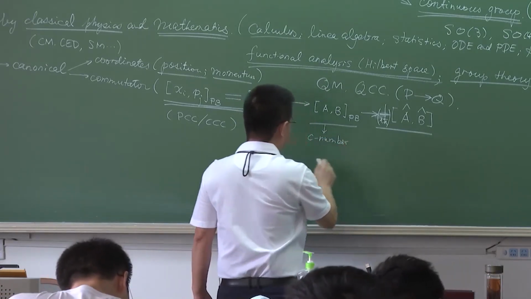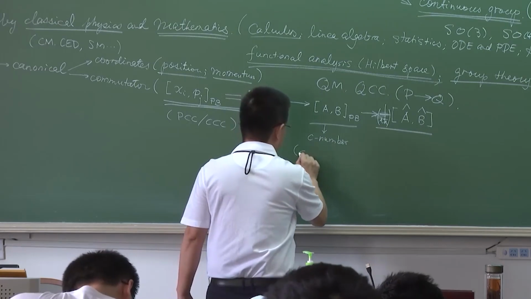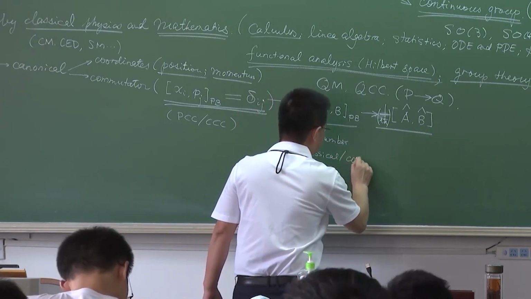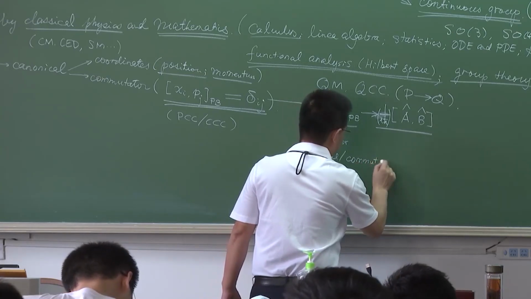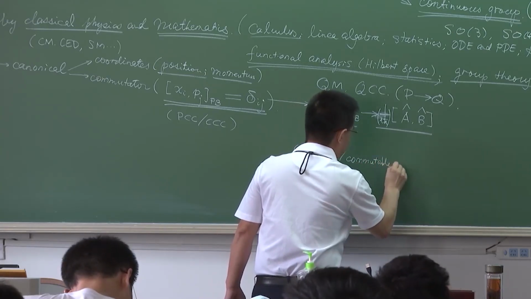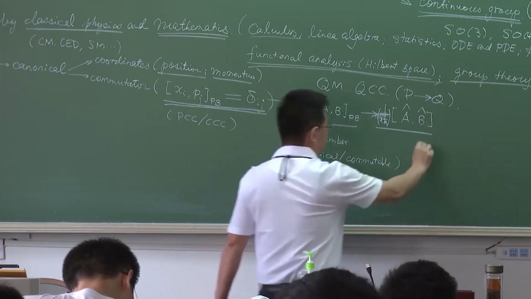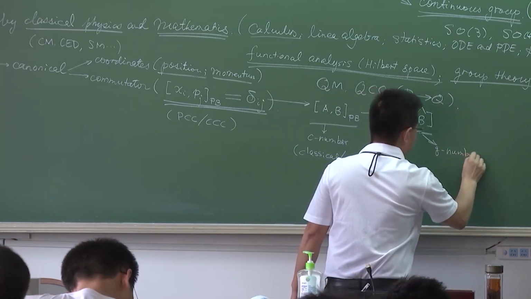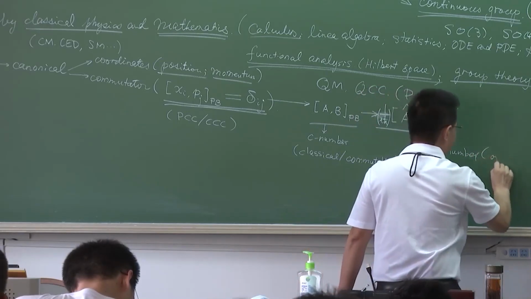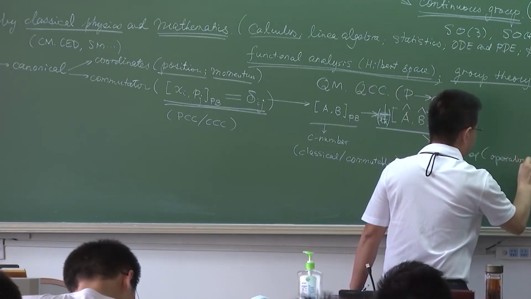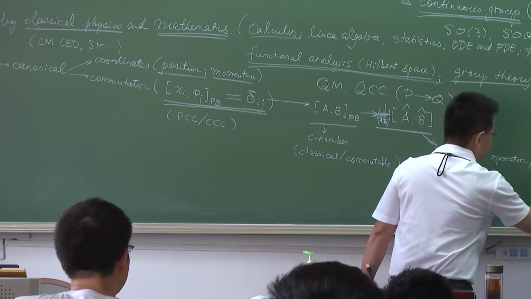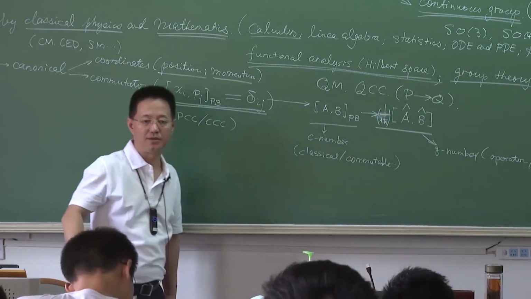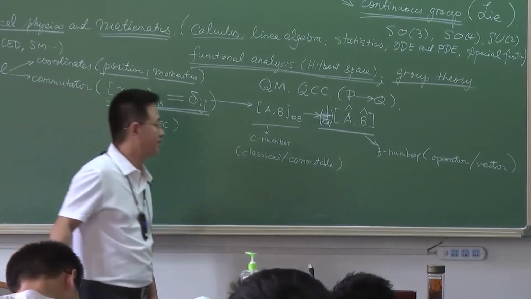The C here, you can think of as classical, of course, and commuting or commutable. And here is called the Q number. Q number could be an operator or a vector in Hilbert space. We will mention later what is the operator and what is the state vector.